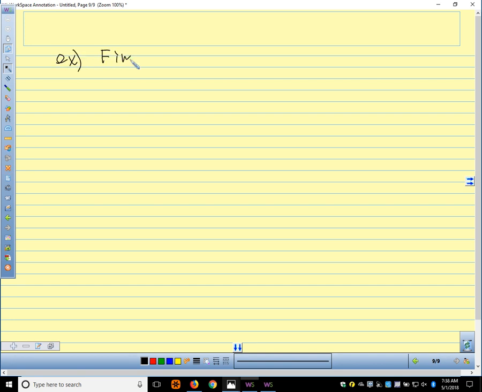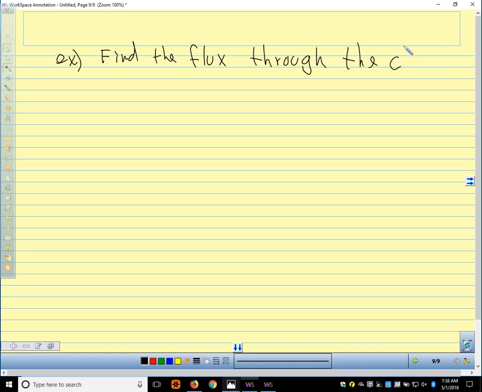Here we want to find the flux through the closed surface, where n is the outward normal vector.